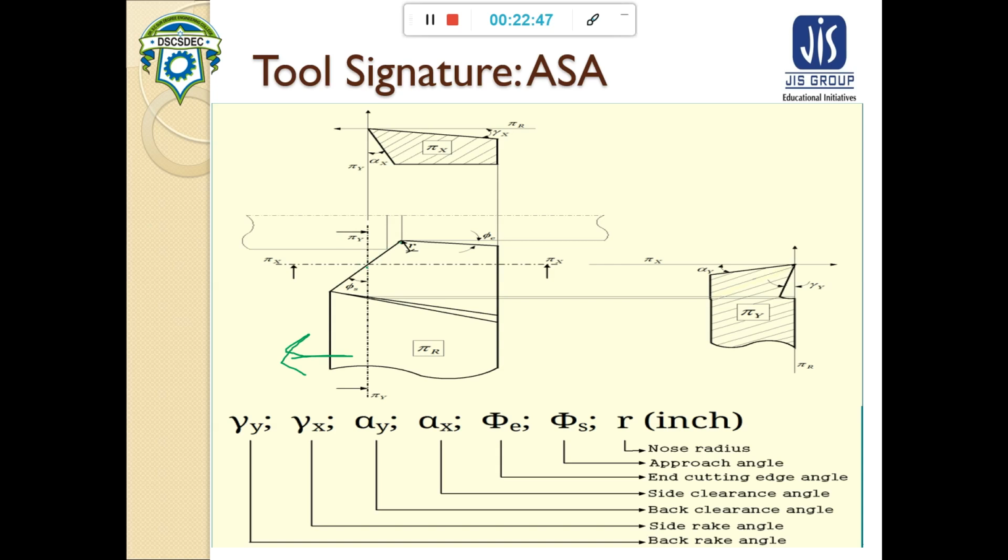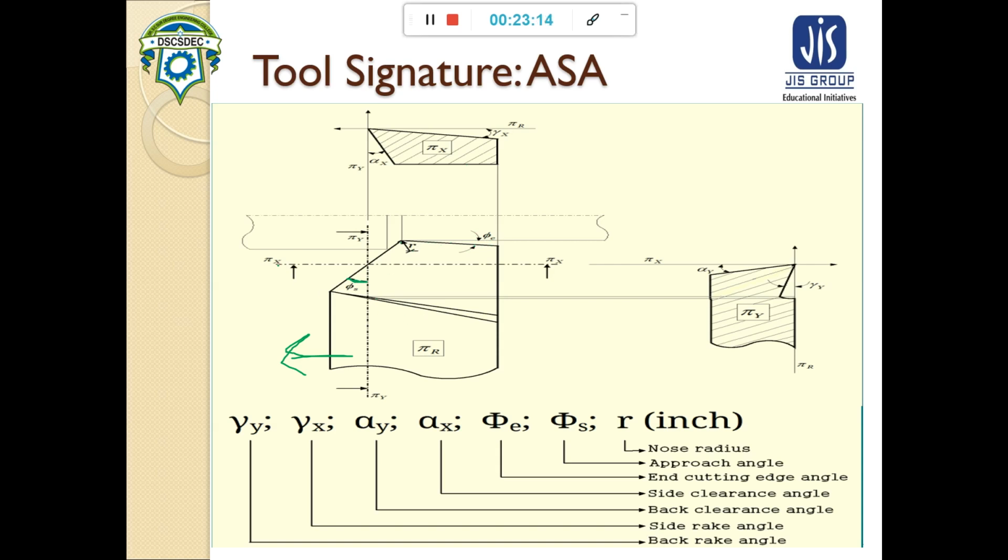As feed is given on this side, this cutting edge is known as the side cutting edge, and this cutting edge is known as the end cutting edge. The angle between the horizontal and the side cutting edge is known as the side cutting edge angle, and this angle is the end cutting edge angle.